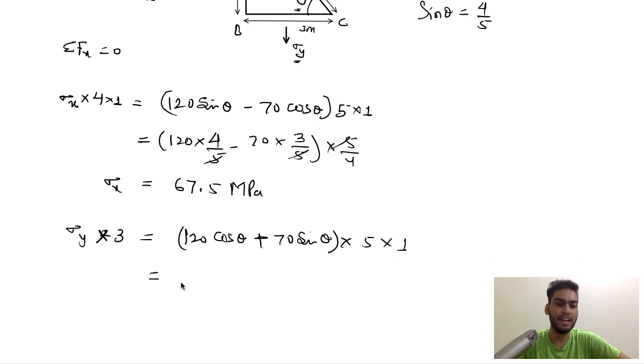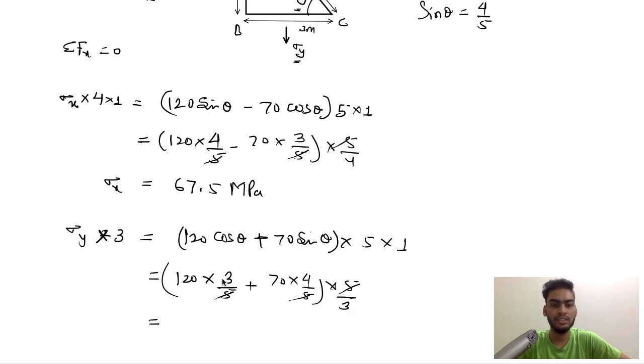So from here we have 120 times 3 by 5 plus 70 times 4 by 5, times 5. So 5 cancels from here and we also have to divide by 3. So this is 360 plus 280, and if you solve this, we obtain sigma y as 213.33 MPa. So that is the value of sigma y.